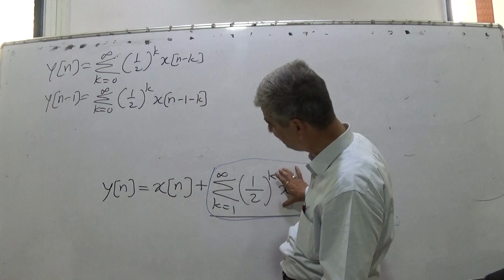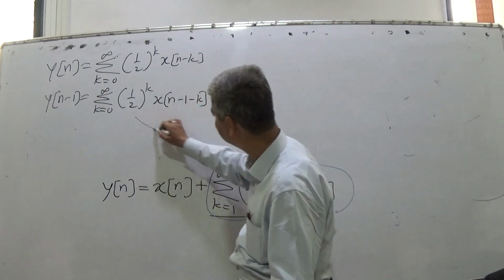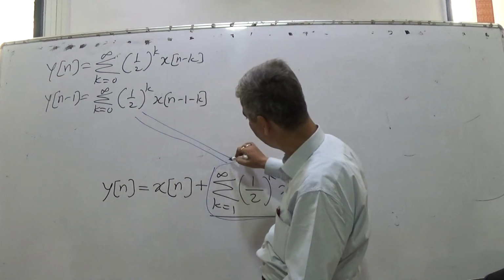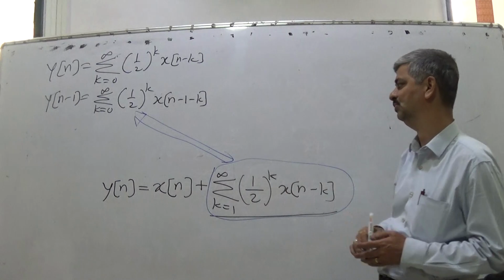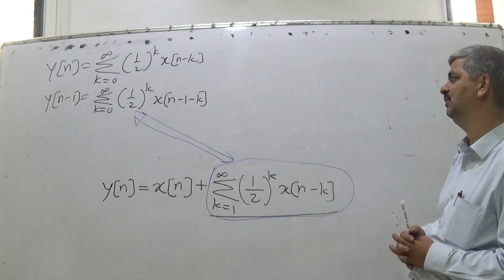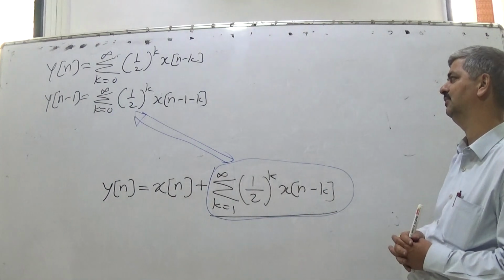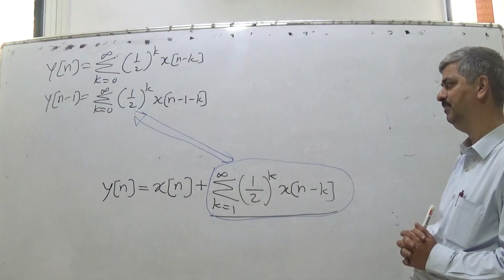Can I establish some relationship between this something and Yn minus 1? There are 2-3 approaches.